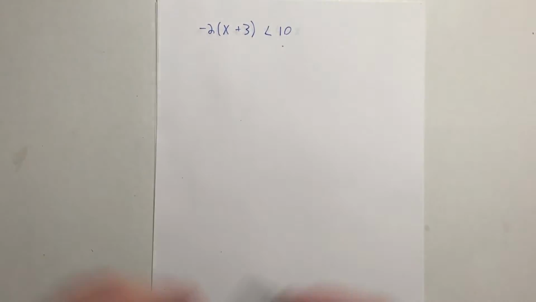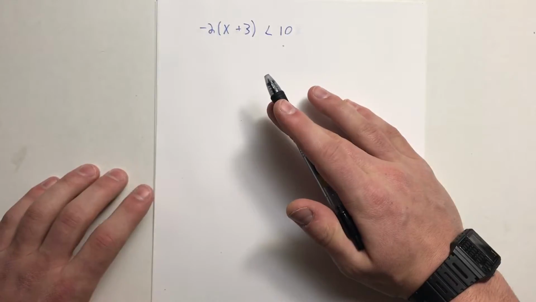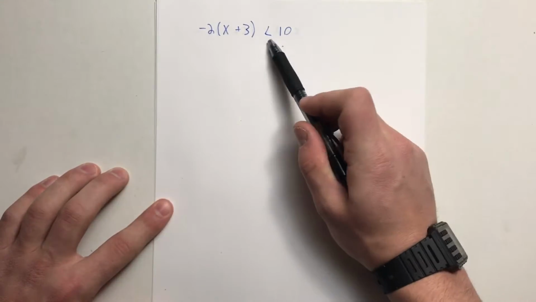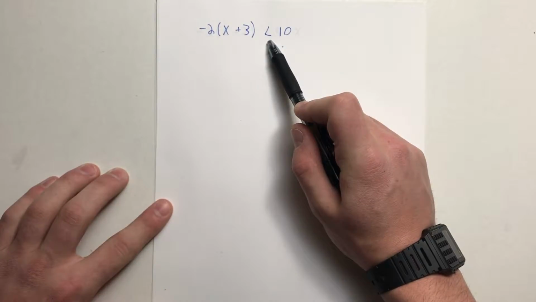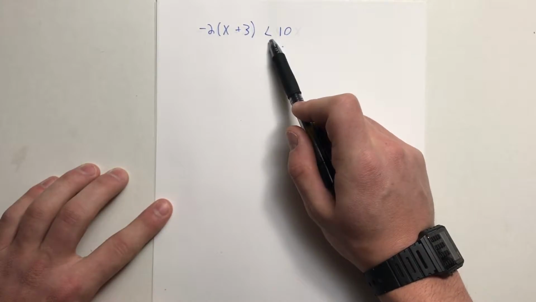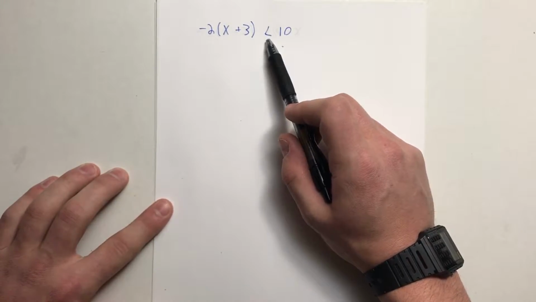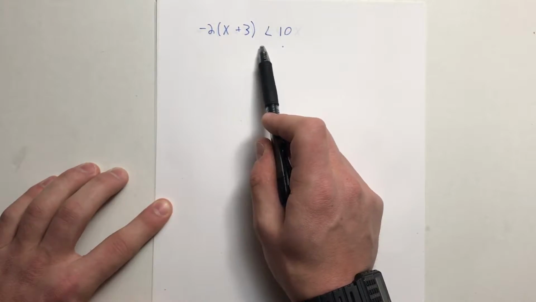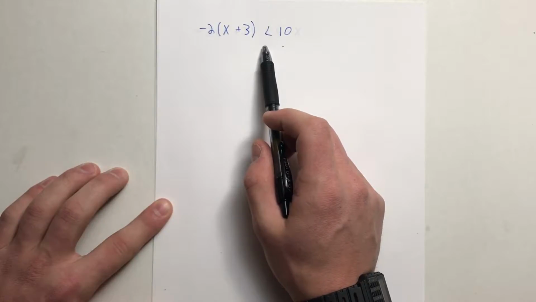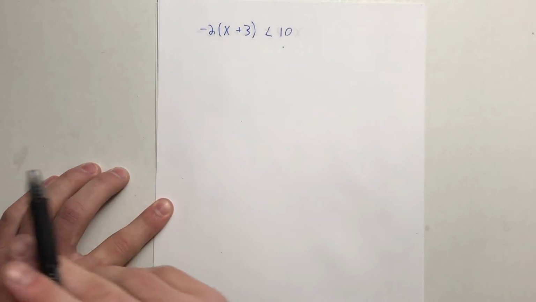So here's our first example, and whenever I'm solving these, I'm pretty much just treating this inequality sign like it's an equal sign. The only difference is that if I multiply or divide by a negative number across this inequality sign, I have to flip the direction of the sign.